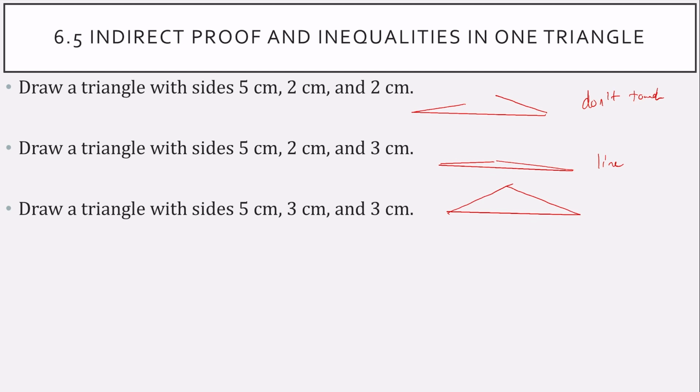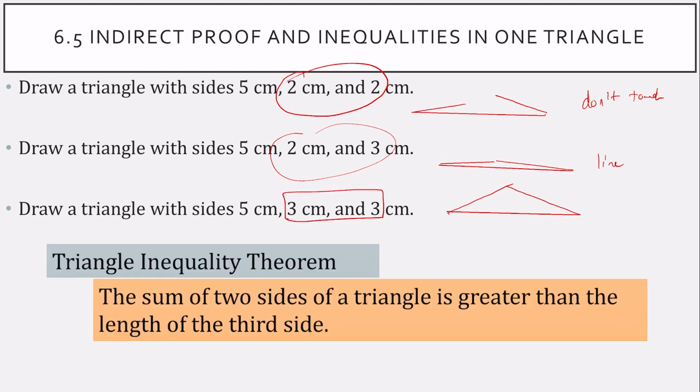But anyway, you see it makes a triangle. So what do you notice? Well, when these two short sides don't add up to make the biggest side, you don't get a triangle. The only way you get a triangle is when the two shorter sides are bigger than the third side. That's the triangle inequality theorem.